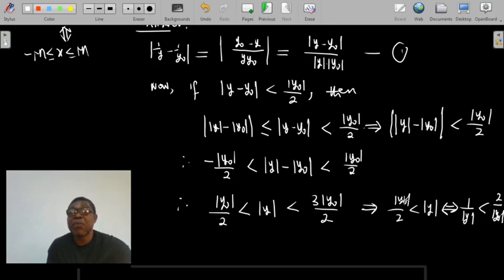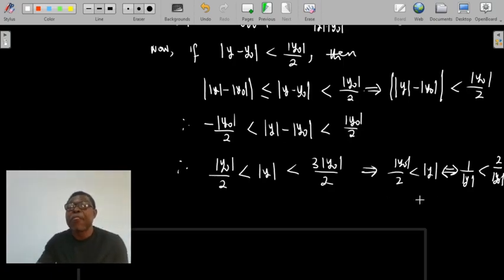So absolute value of y naught over 2 less than absolute value of y is equivalent to 1 over absolute value of y less than 2 over absolute value of y naught. Just take reciprocal.